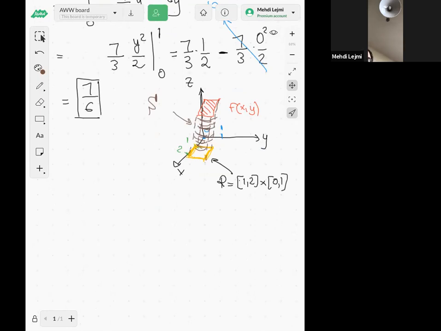So here's an exercise, just to evaluate a couple of double integrals over a rectangle.